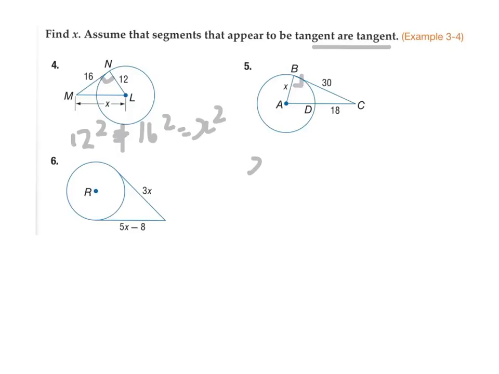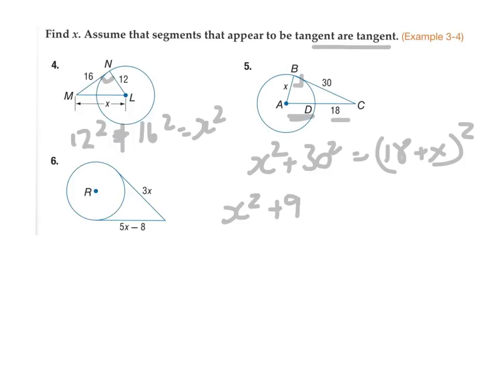Number 5 is going to be x squared plus the 30 squared, and that's going to equal 18 plus x, and squaring that, because don't forget this part AD is x and DC is 18. So we're going to finish up with x squared plus 900. Okay, and foiling this out, you're going to finish up with x squared plus 36x plus, and the square of 18 is 324.